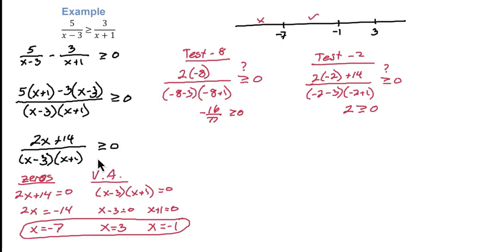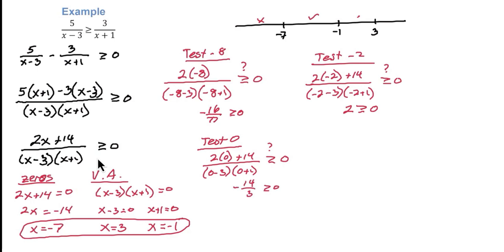In the third interval, we can choose 0 and test it. 2 times 0 plus 14 divided by 0 minus 3 times 0 plus 1. Is it greater than or equal to 0? Here we get negative 14 thirds is greater than or equal to 0.